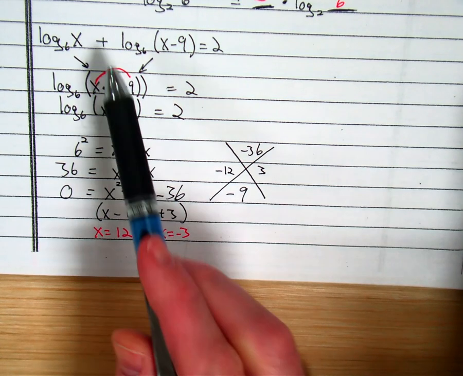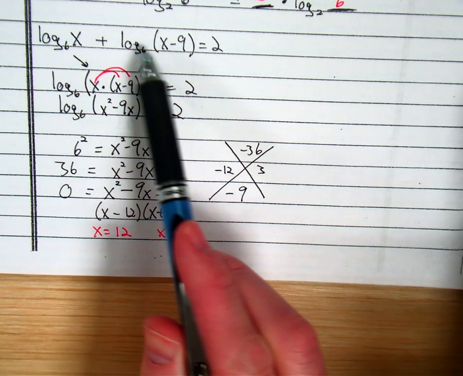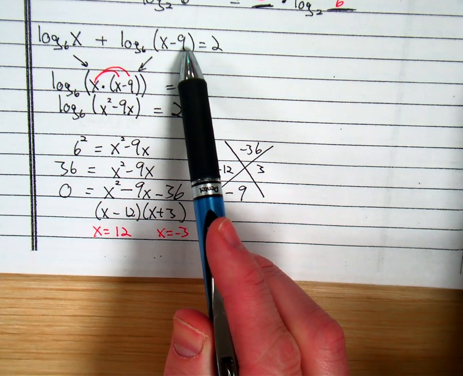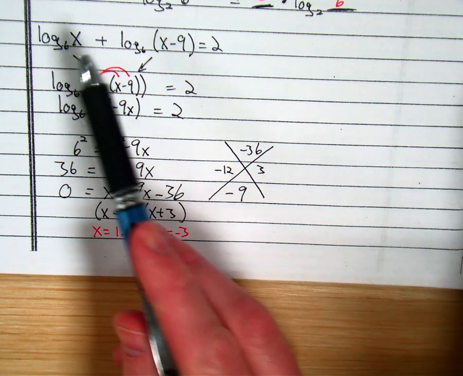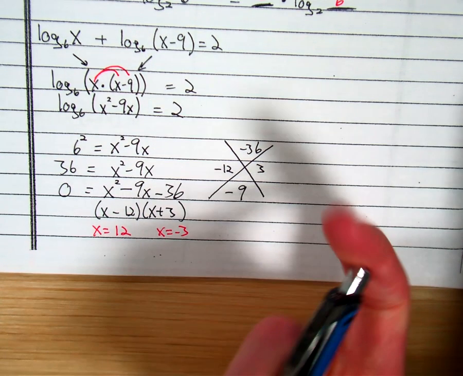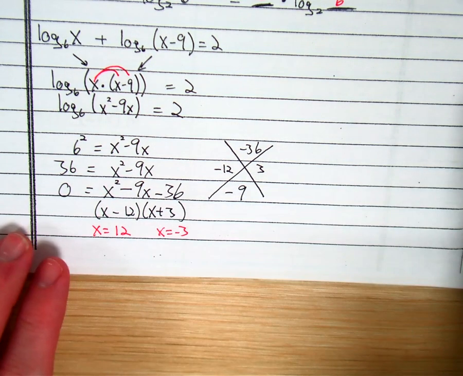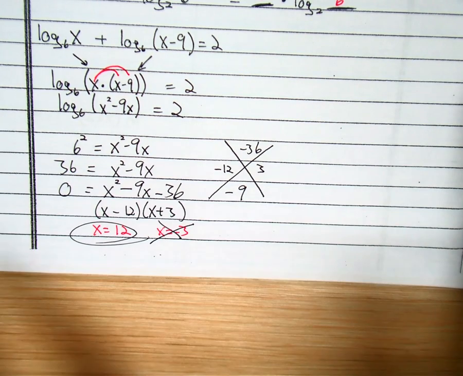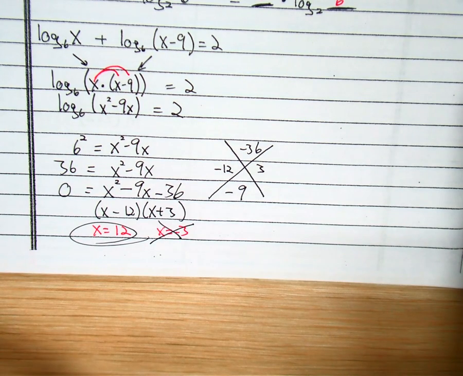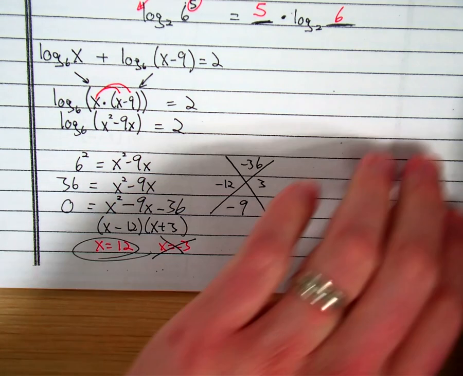So if I plug that 12 in, positive, 12 minus 9 is 3, positive, that one's good. If I plug negative 3 in, negative, and negative 12, which is not good. So that one's not going to work. We'll just use 12. All right, let's turn the page.